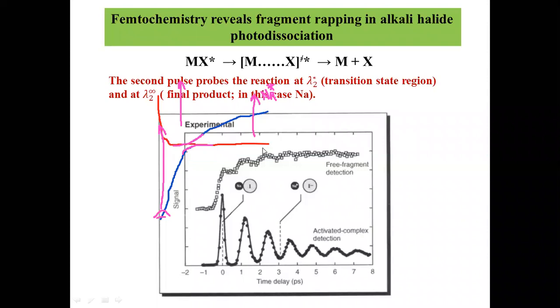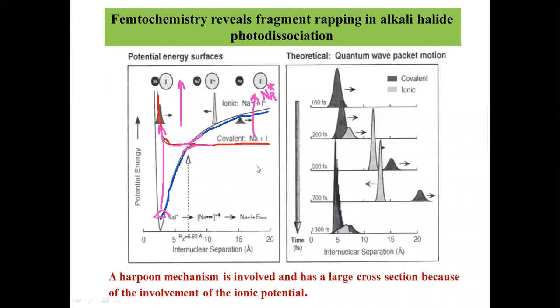Therefore, it indicates that in this case the sodium iodide was trapped in this potential well for a certain period of time, and finally it completely decays, right? So that is what femtosecond chemistry says: photofragment trapping in alkali halide photodissociation.